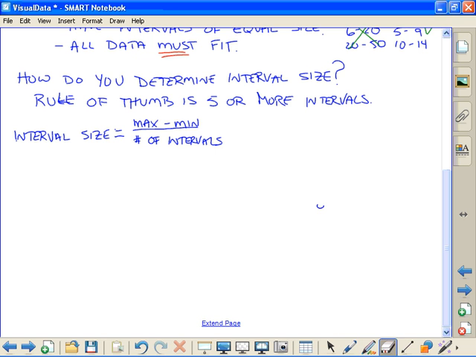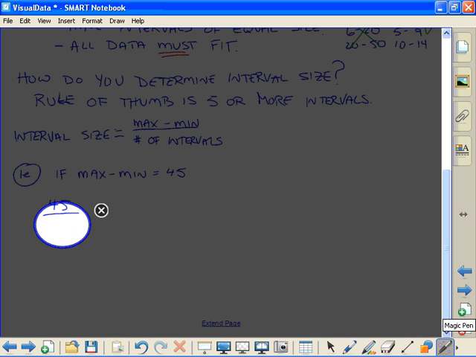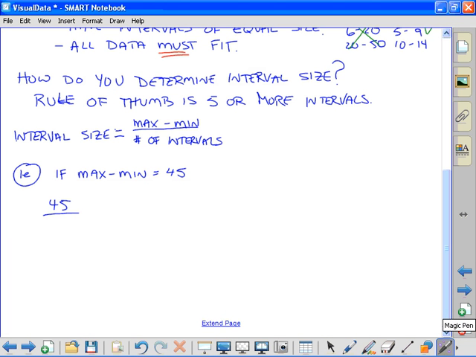And now this is where you get a chance to play it somewhat smart if it works out for you. For example, if max minus min was equal to 45, then I'm doing 45 divided by the number of intervals, the denominator, and I want to pick something that is bigger.